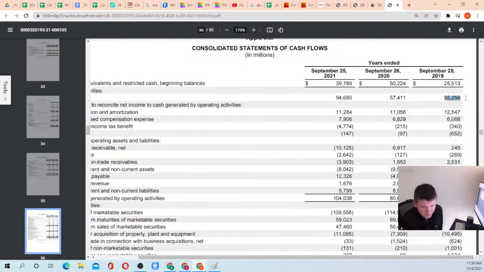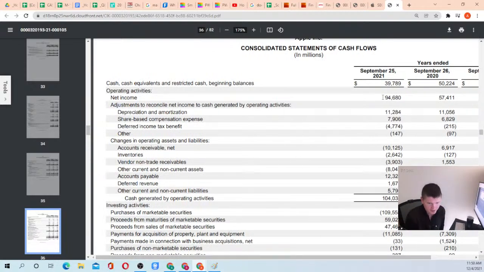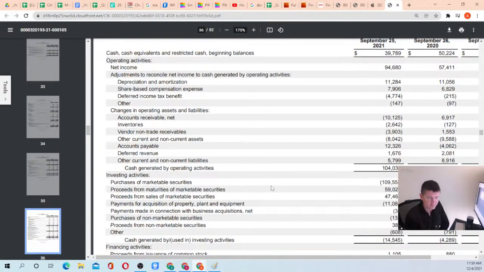They have 55 billion profit, 57 in 2020, and now they have 95 billion. That's just huge. I mean, with that net profit, one can substantiate a 2 trillion valuation for Apple. Okay, let's go back to our guidance.